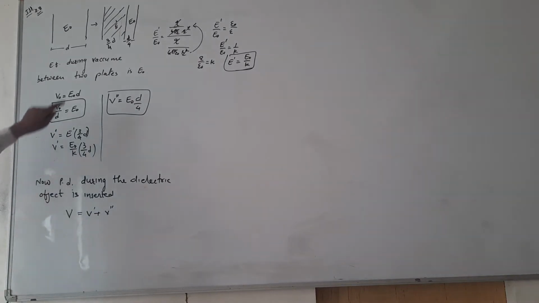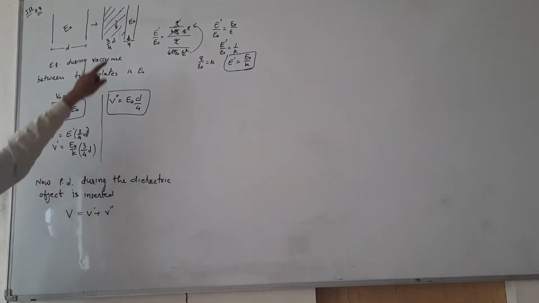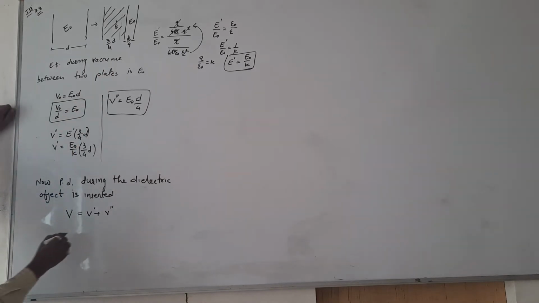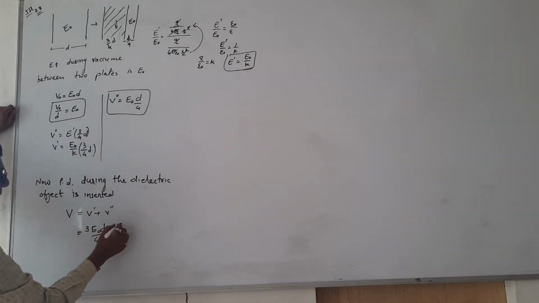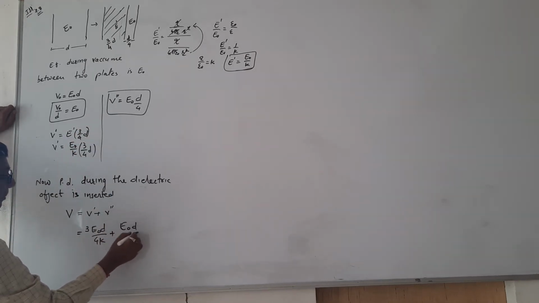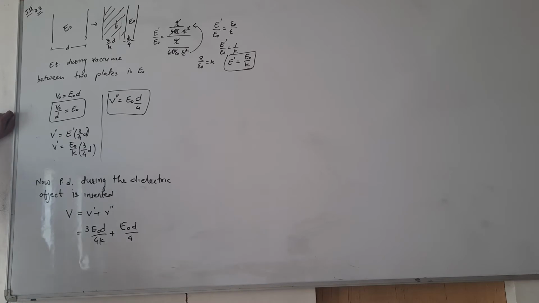V dash for this area, V double dash for another area. So V dash is equal to 3 E0 D by 4K, plus E0 D by 4.